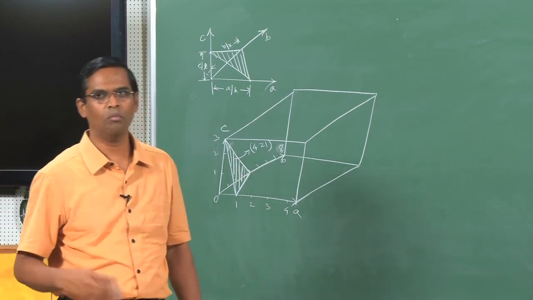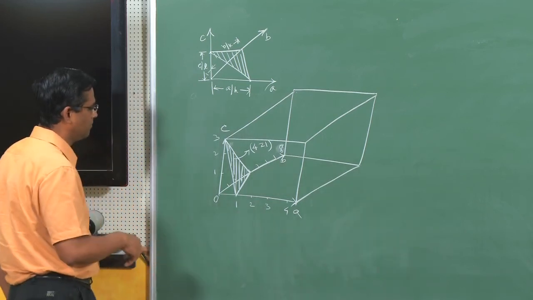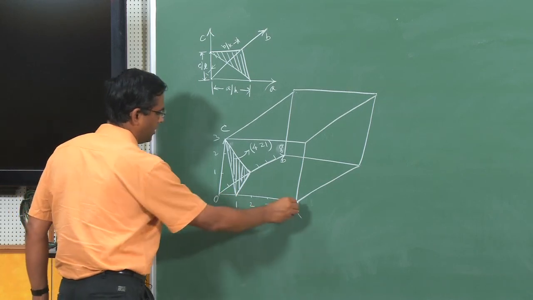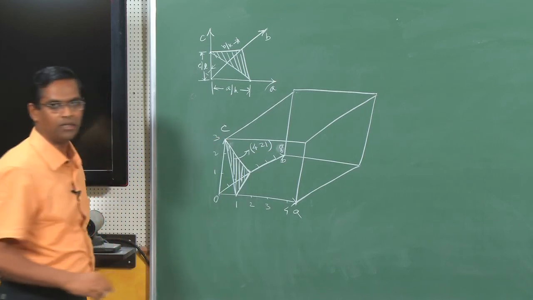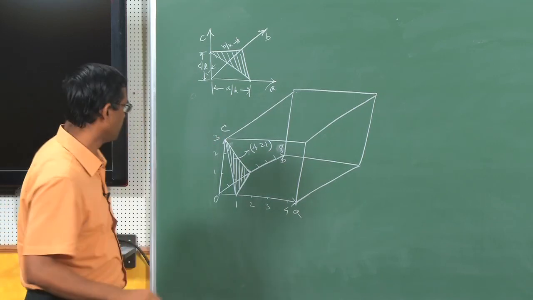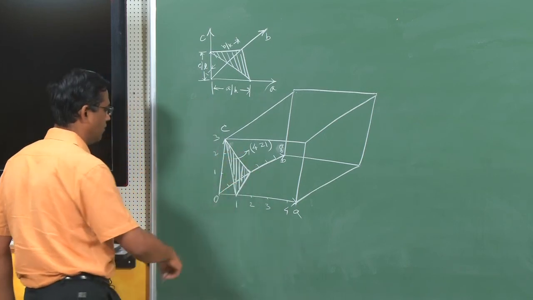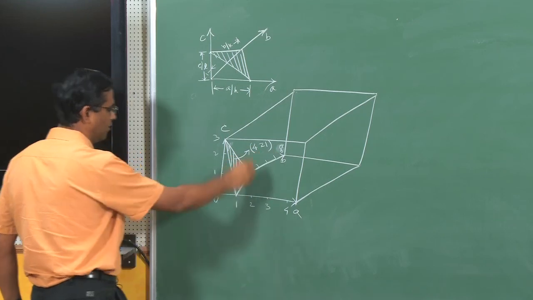If you go back and look at the procedures we have already done, you can see that each axis has different divisions. So basically we have arrived at this Miller indices by calculating the intercepts.